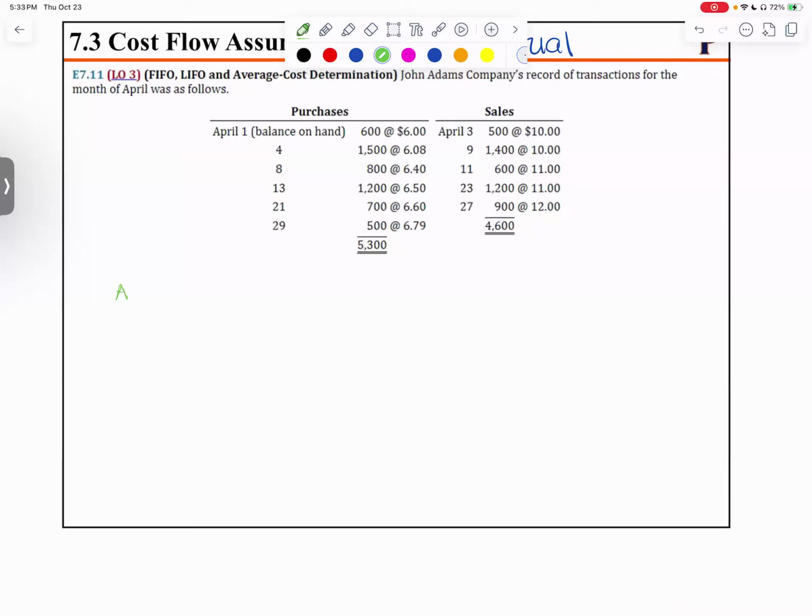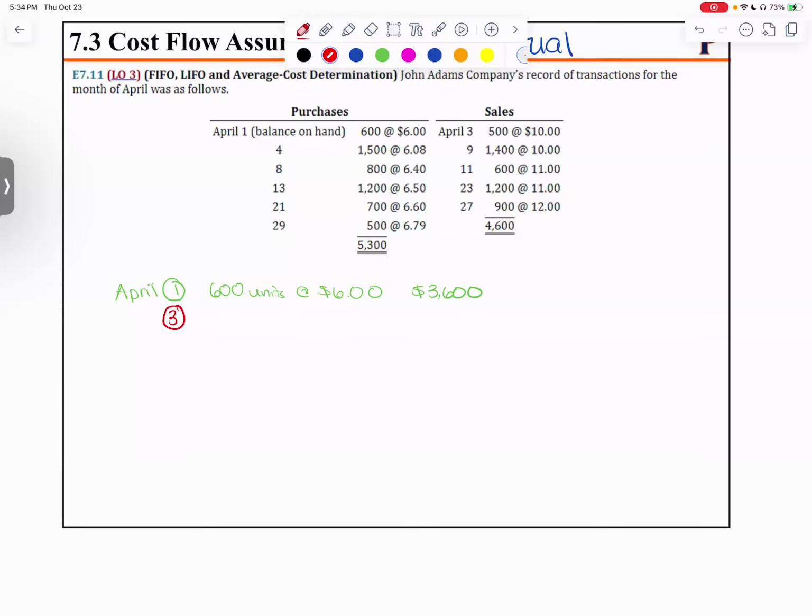So we start on April 1st, and here we have 600 units at $6 each, and so that gives us a total of $3,600 in our inventory. Our first sale is on April 3rd.